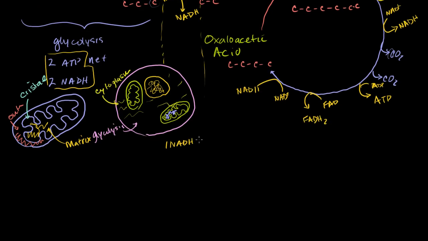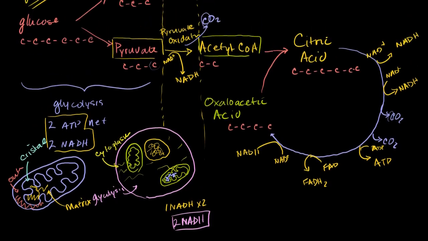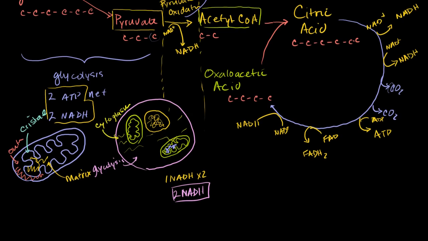So the pyruvate oxidation times 2 means that we got 2 NADHs right there. And then when we look at the formal Krebs cycle, what do we get? How many NADHs? 1, 2, 3 NADHs. So 3 NADHs times 2, because we're going to perform this cycle for each of the pyruvates produced from glycolysis.